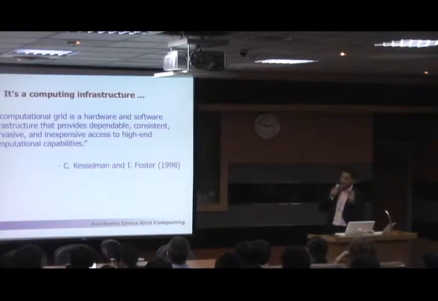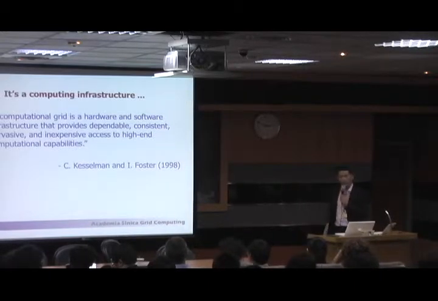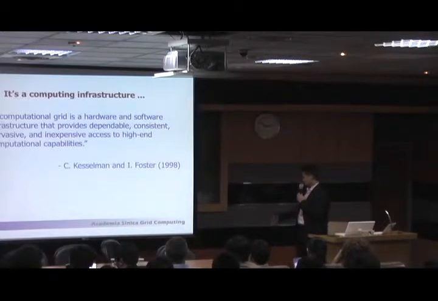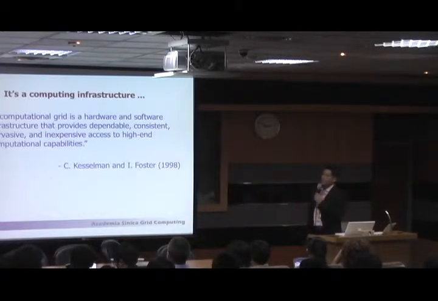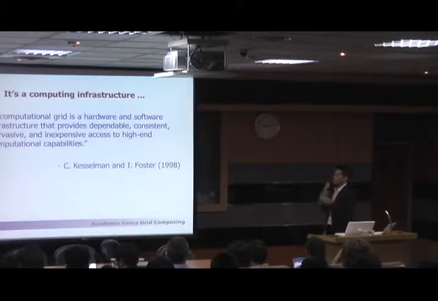The idea was inspired by the power grid. Nowadays when we use electronic devices, we don't need to worry about where the power is from. We just plug our devices into the power outlet and get the power very easily. You don't need to worry about the source of the power or how it's generated; you just use it.